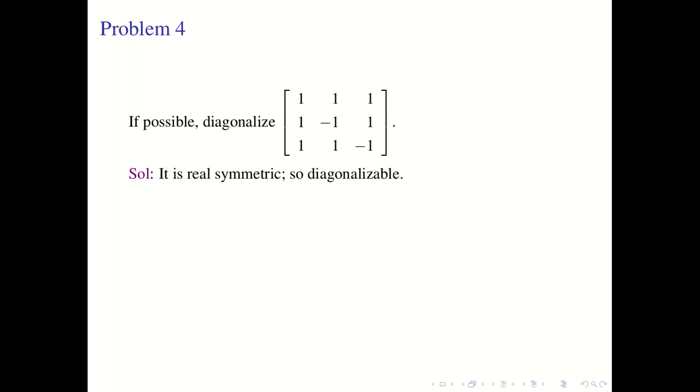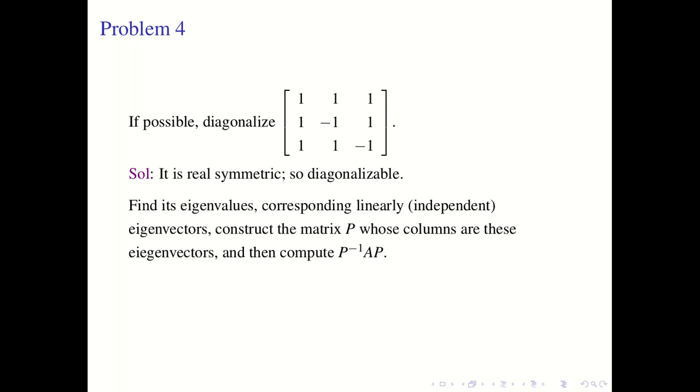First we can make an observation that it is diagonalizable because it is a real symmetric matrix. Now it is our job to compute the eigenvalues, corresponding eigenvectors, and then compute P inverse AP.